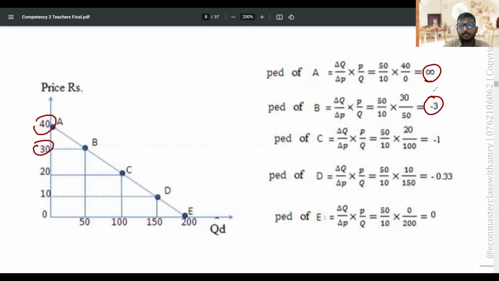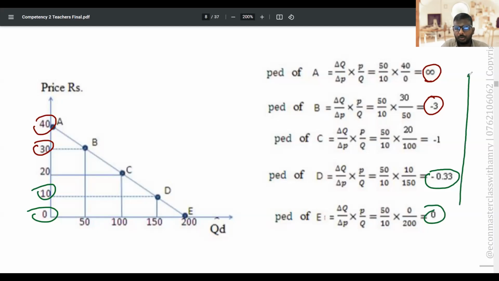It's more elastic, right? And if you see lower prices like 10 rupees, or for example 0 rupees, at 10 rupees the PED is 0.33. At 0 rupees it's 0. So when you come from a higher price to a lower price, you can see a drop in elasticity. When price drops, elasticity here is dropping. So that's what the question is. What's the reason for that?